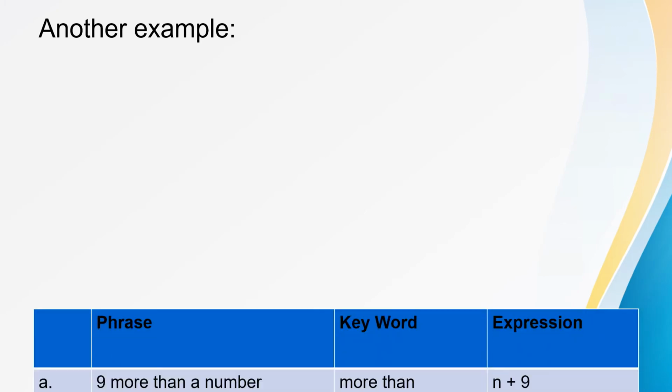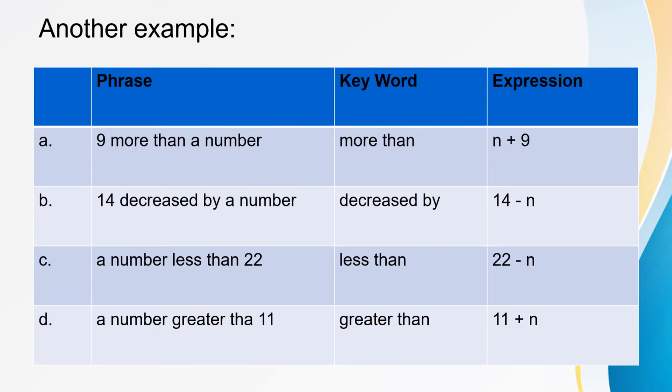Okay, let's have another example. Letter A, we have 9 more than a number. So that's the phrase, and the keyword is more than. If we are going to translate it as an expression, that will be n plus 9. 14 decreased by a number, so decreased by is the keyword: 14 minus n.